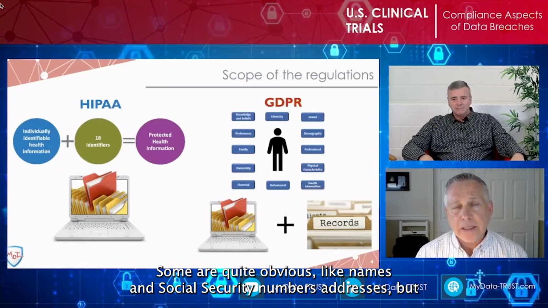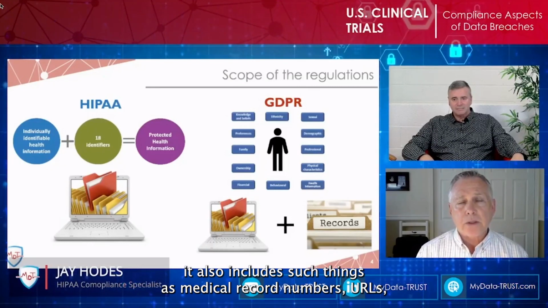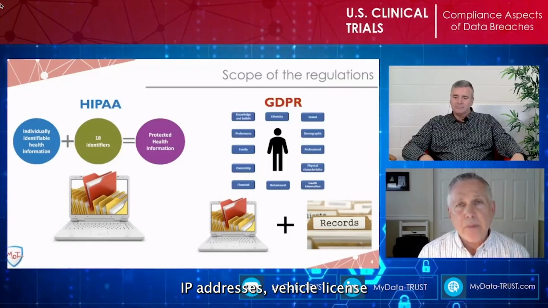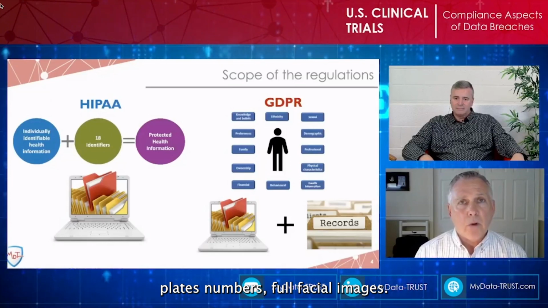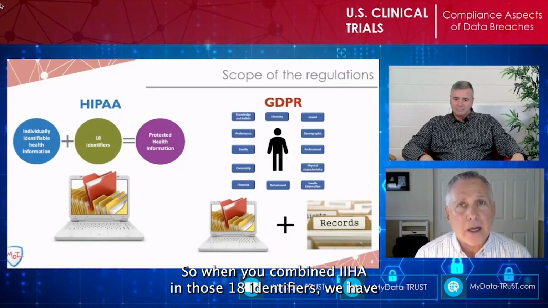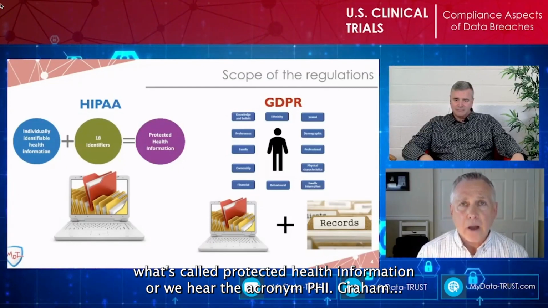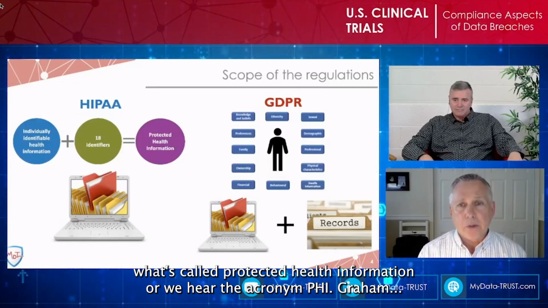Some are quite obvious, like names and social security numbers, addresses, but it also includes such things as medical record numbers, URLs, IP addresses, vehicle license plate numbers, full facial images. So when you combine IIHI and those 18 identifiers, we have what's called protected health information, or we hear the acronym a lot, PHI.